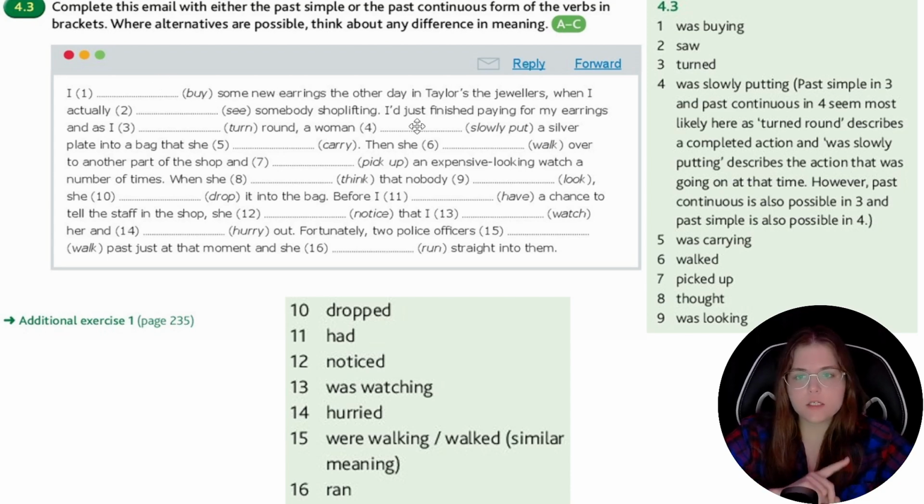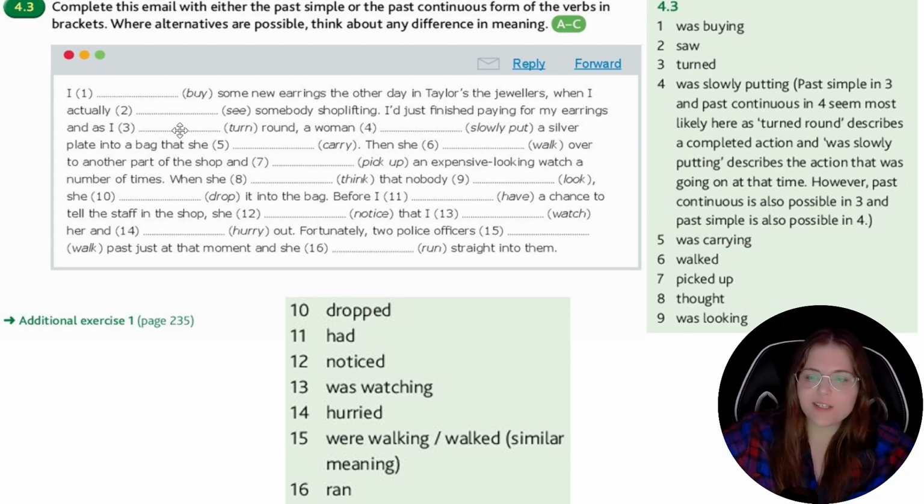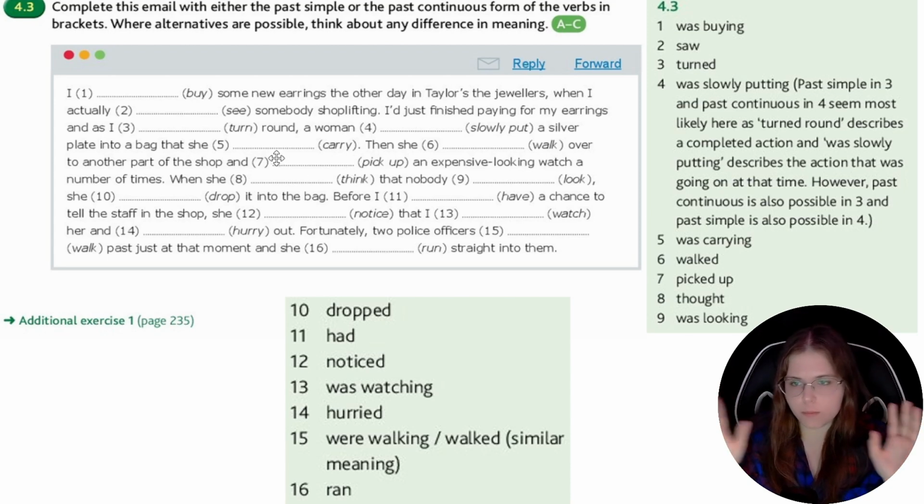I'd just finished paying for my earrings, and as I turned round, a woman was slowly putting a silver plate into a bag that she was carrying. As for me, these options are the most appropriate here, but our student's book doesn't think so.